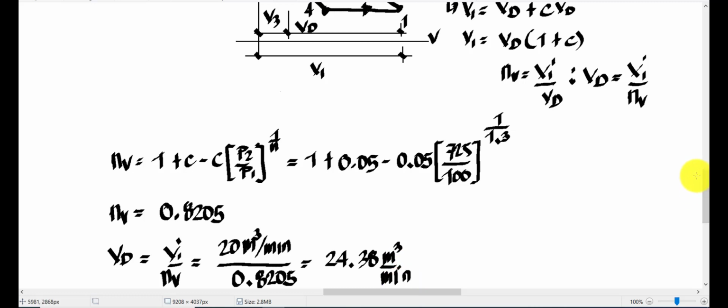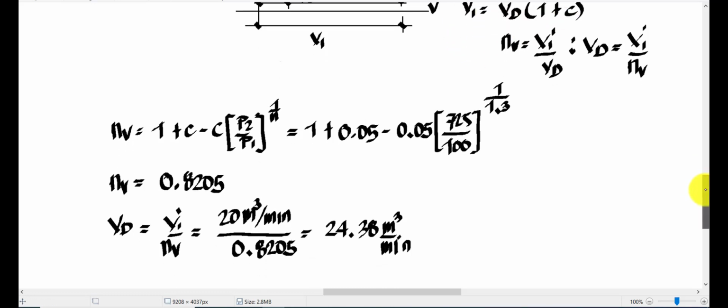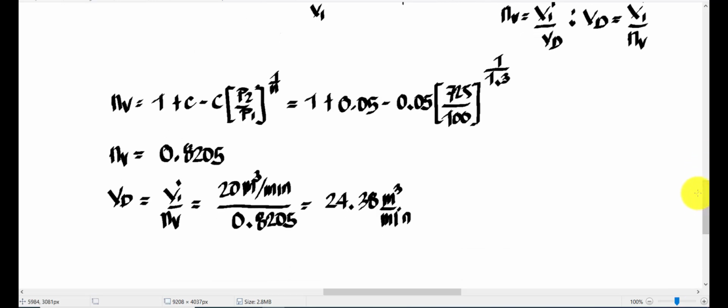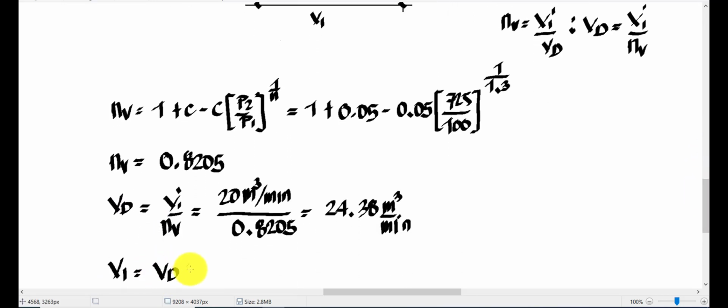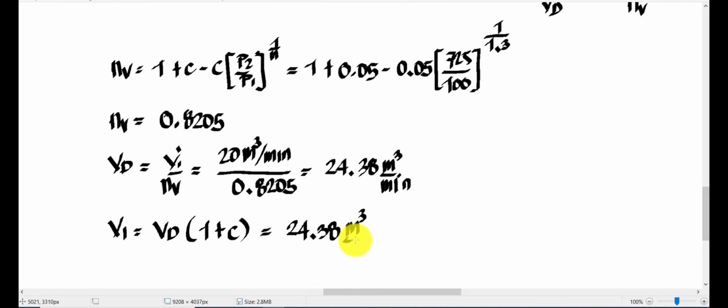Now we can substitute to get the value of your V1, since VD is already solved. So we have your V1, which is equal to, let's rewrite the equation, VD times 1 plus C. Our VD is 24.38 cubic meter per minute, then we shall multiply it by 1 plus the clearance, which is 0.05.